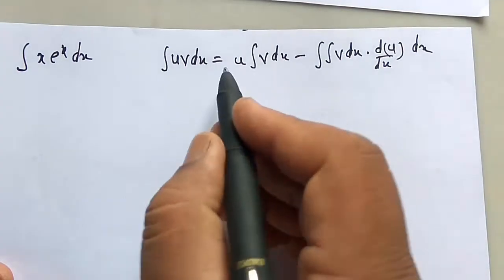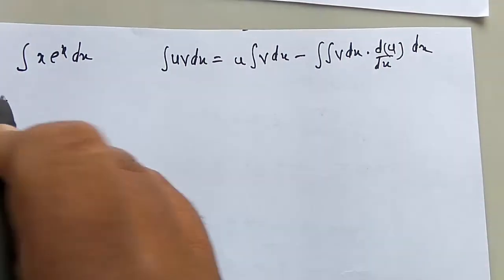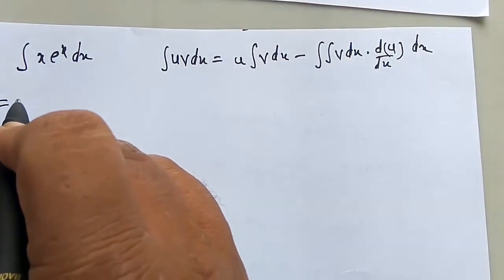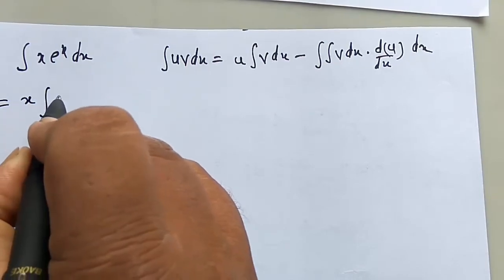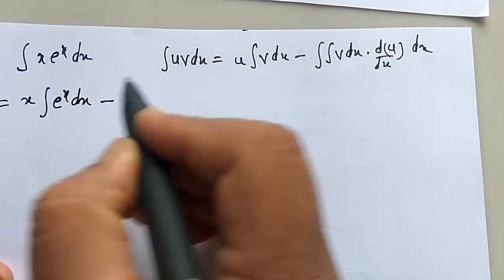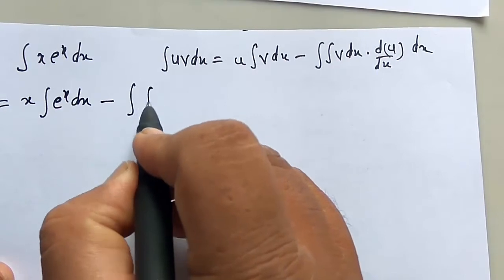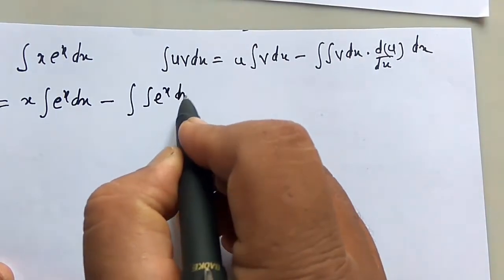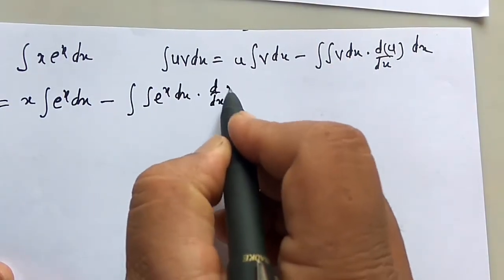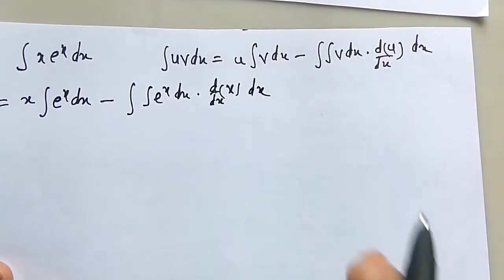So by using integration by parts, this is equal to x as first function, so x into integration of e raised to x dx minus integration of e raised to x dx into derivative of x with respect to x.